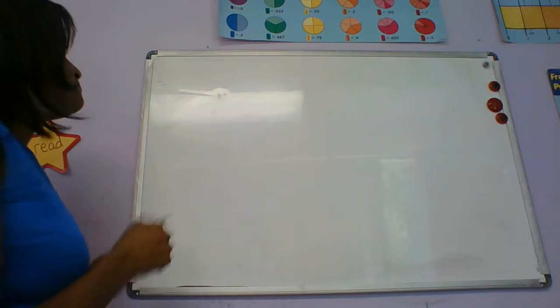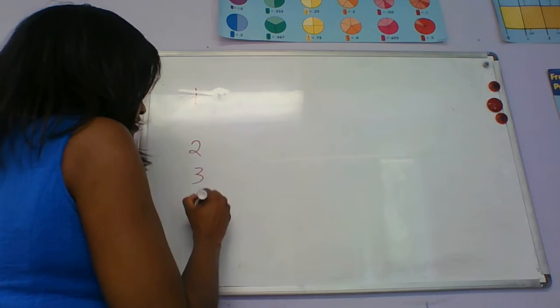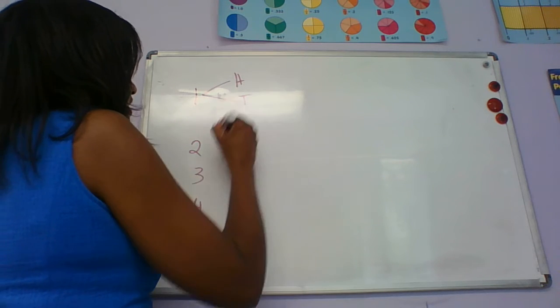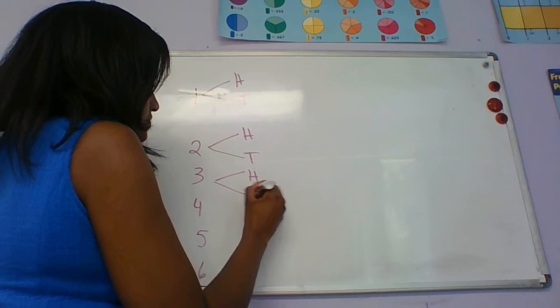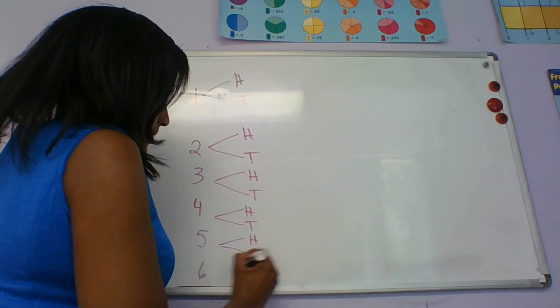So let's say I flip a coin and throw a die. If I throw the die first, I have 1, 2, 3, 4, 5, 6 possible outcomes, and then heads, tails, heads, tails, heads, tails, heads, tails, heads, tails, heads, tails.